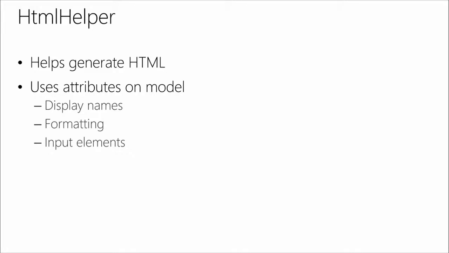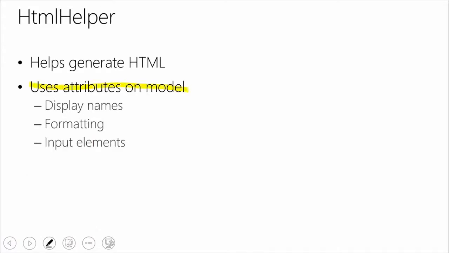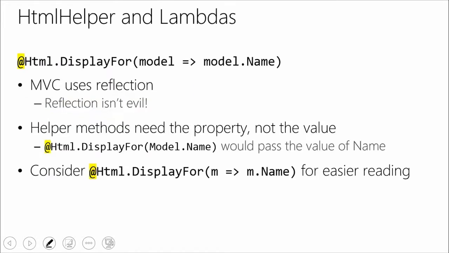The HTML helper is going to use all the attributes to figure out what the display names are supposed to be, to figure out what the formatting is supposed to be, and to figure out what the input elements are supposed to be. So you'll notice, for example, that we have an HTML display for. That will automatically use those attributes.